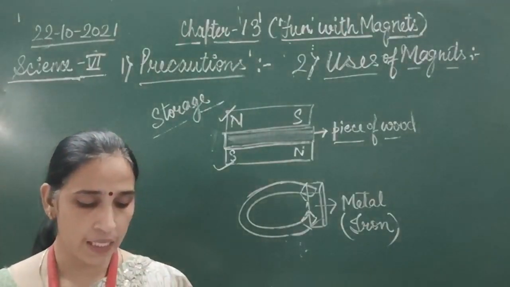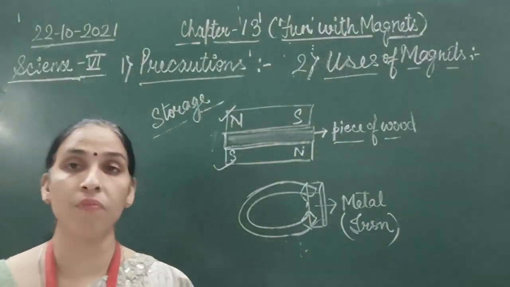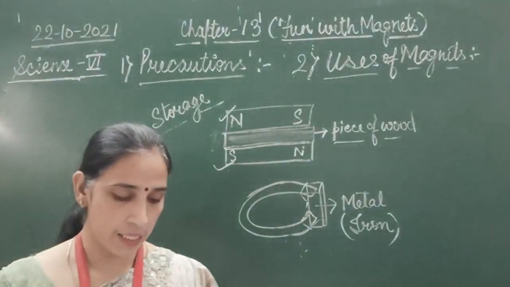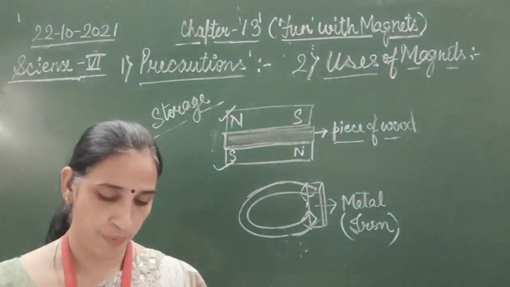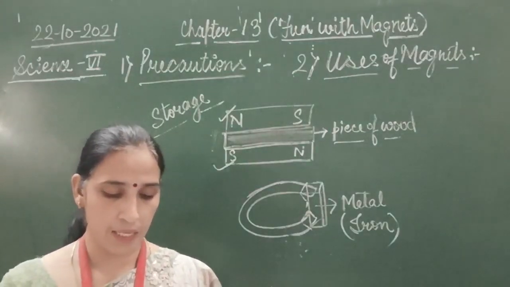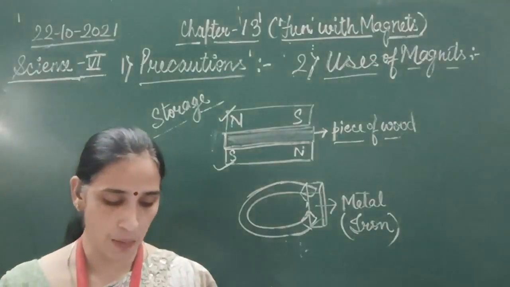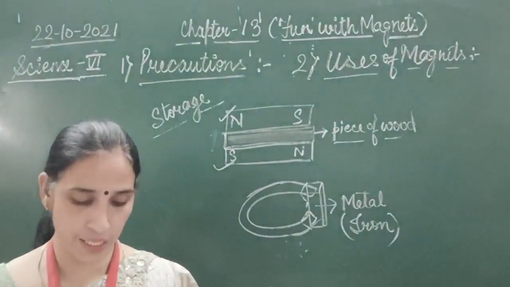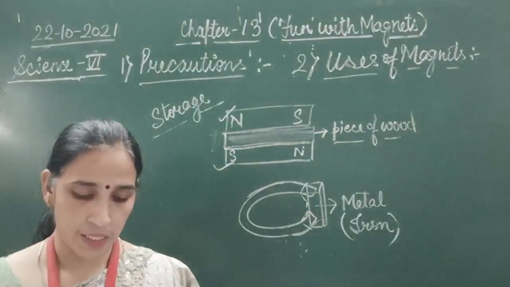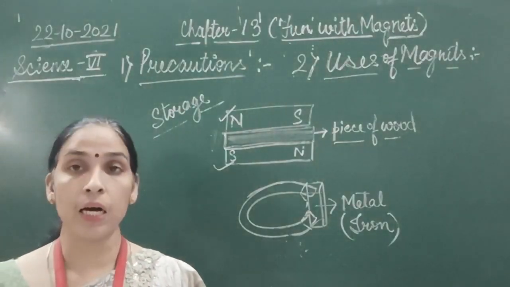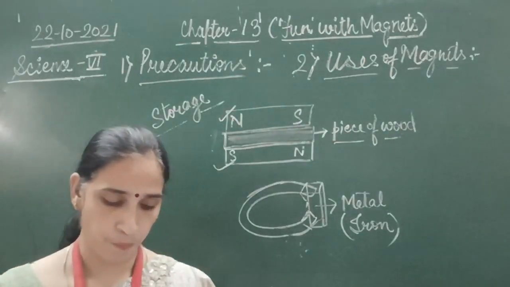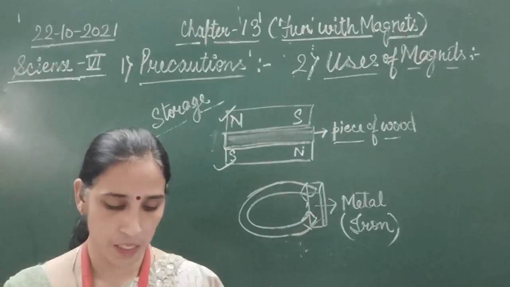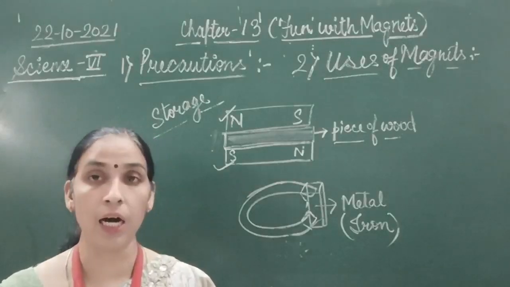The old iron and steel objects present in the heap of waste material get attracted by the electromagnet and hence stick to it. The arm of the crane with iron and steel objects sticking to the electromagnet is now lifted up, and the crane is moved to another place where the iron and steel objects are to be dropped.